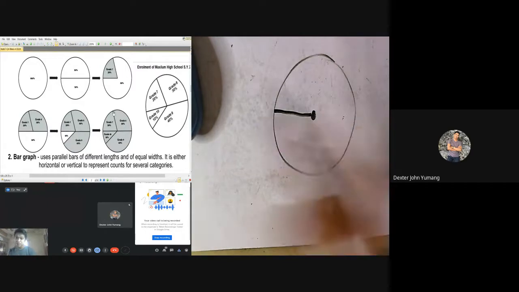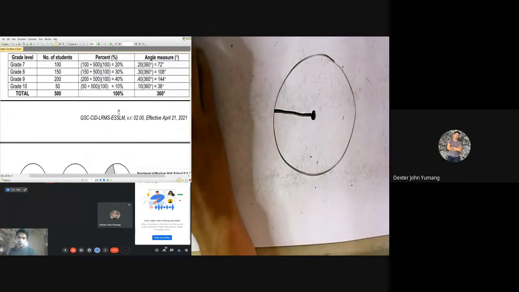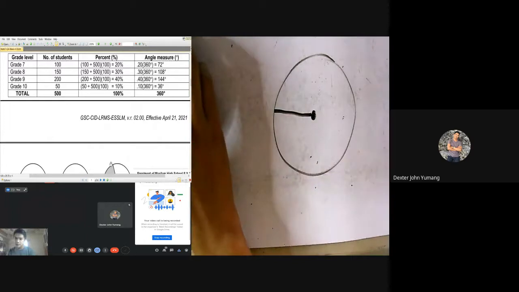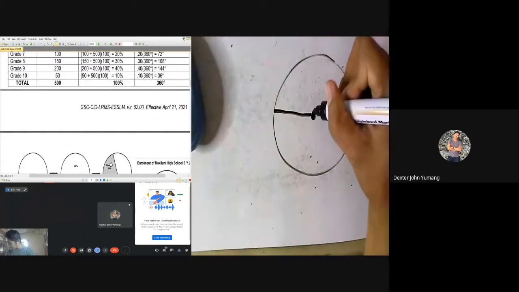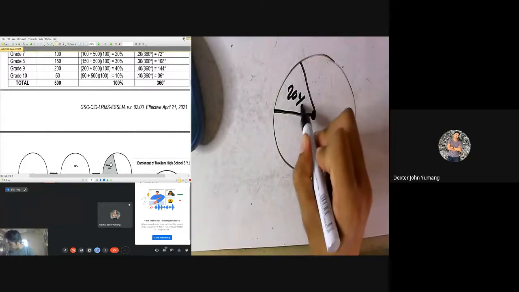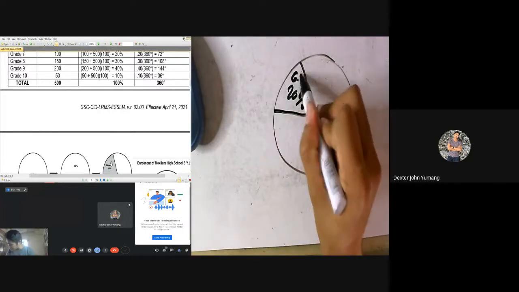So for example, for the grade 7, we have 20%. We all know that half of the circle is 50%, so a fourth of it is 25%. So if it is 20%, it is just up to here. So this is the 20% for grade 7. So we name this one grade 7.